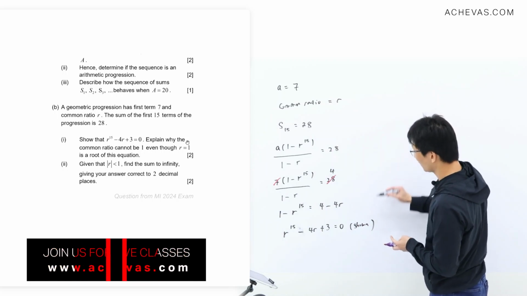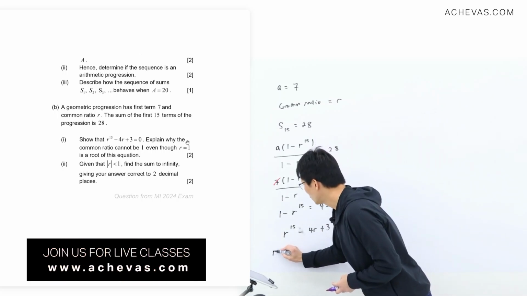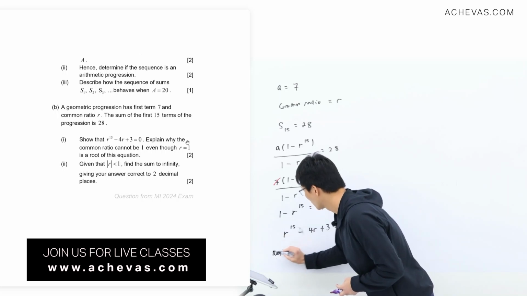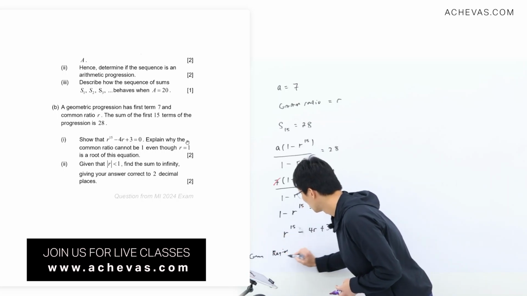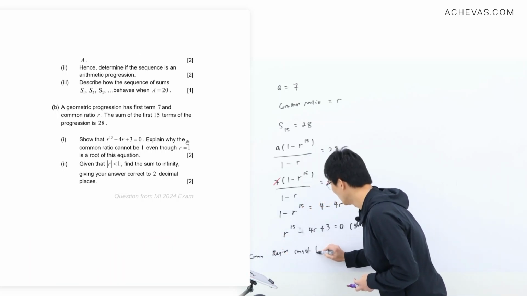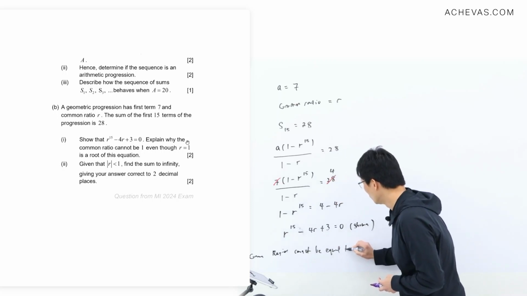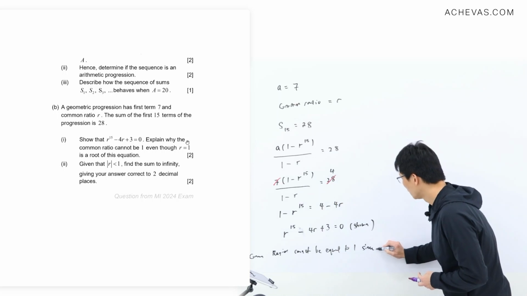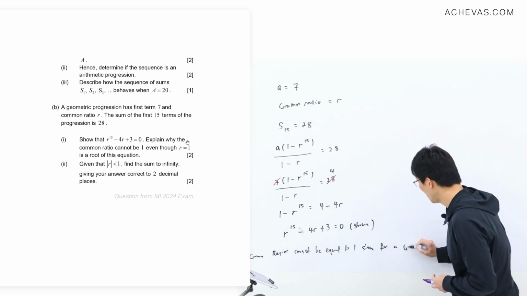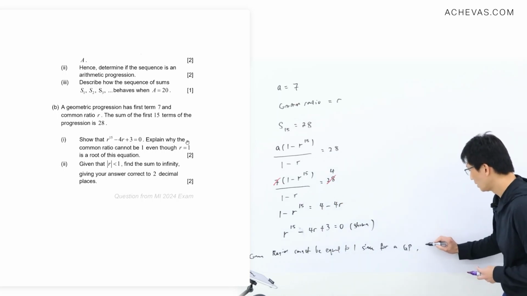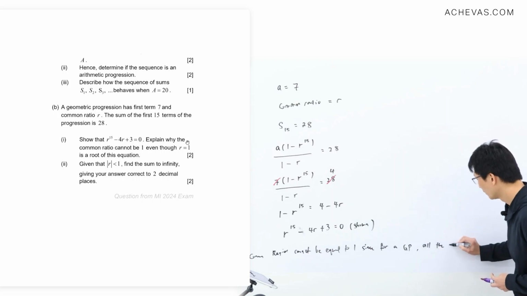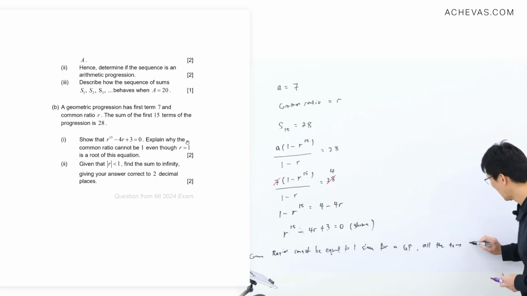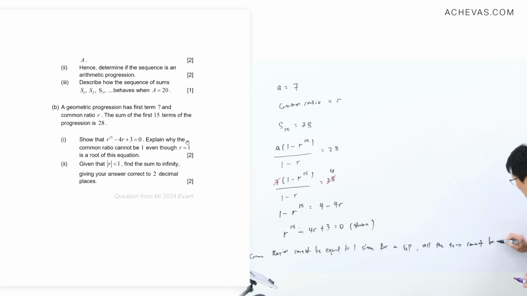Maybe I can just write: common ratio cannot be equal to 1, since for a GP, all the terms cannot be the same.